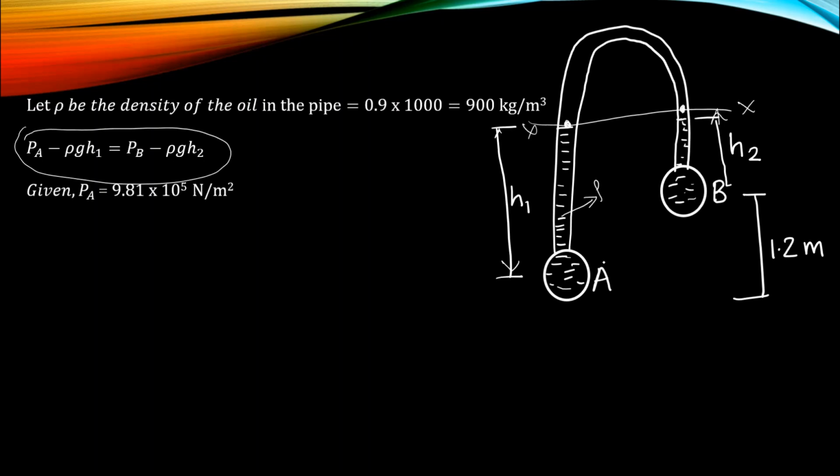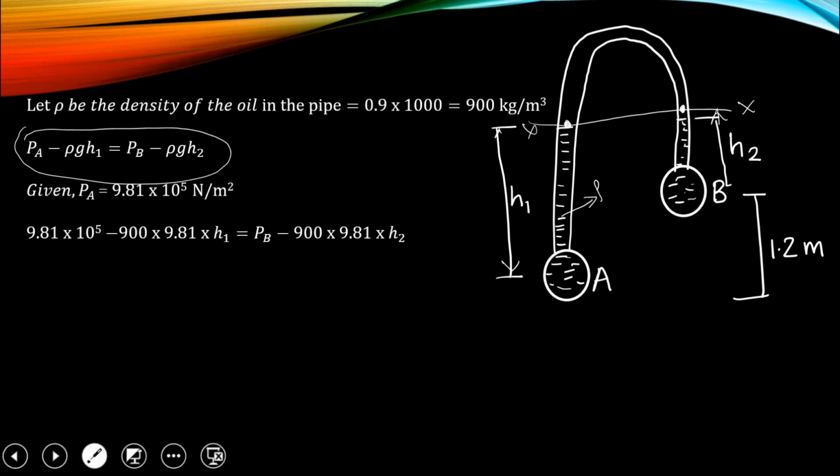It was given that the pressure at A is measured as 9.81 into 10 raised to 5 Newton per meter square. So I'm just substituting PA with 9.81 into 10 raised to 5, and rho, which is the density of oil, as 900 and G as 9.81. You will get the equation like this.